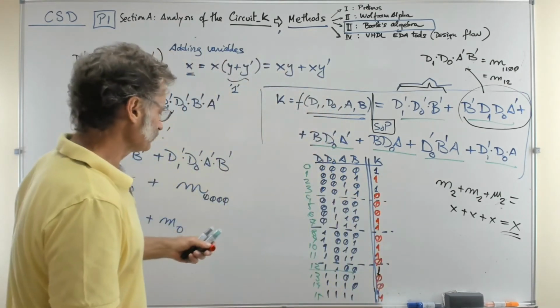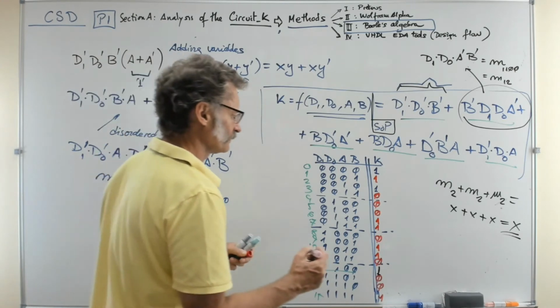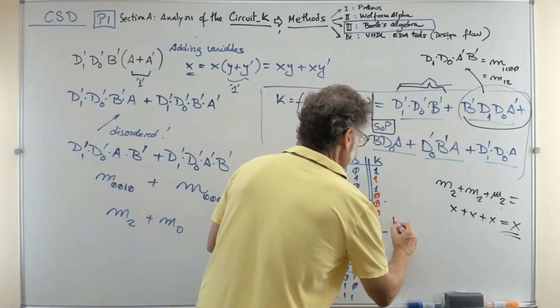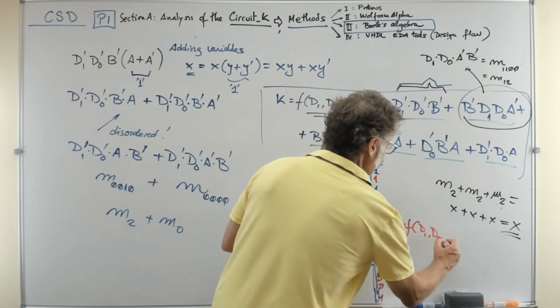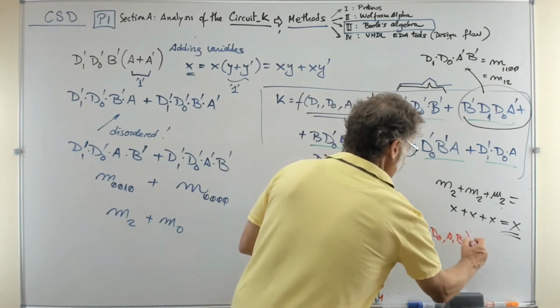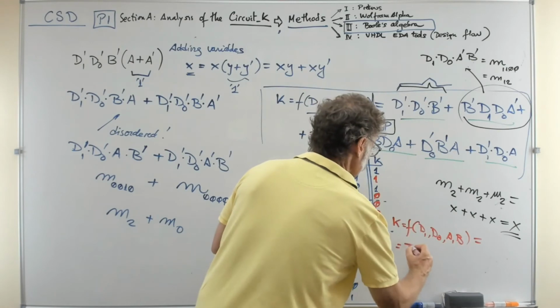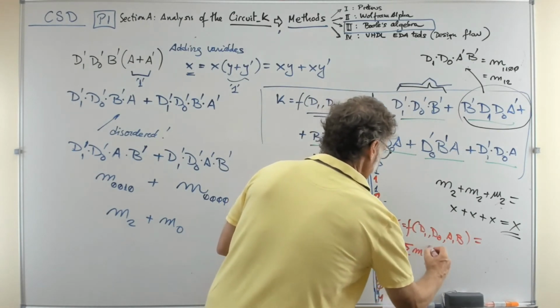So finally the solution of this problem is going to look like this. Key is a function of d1, d0, a and b, and this is nothing but a sum of the minterms.